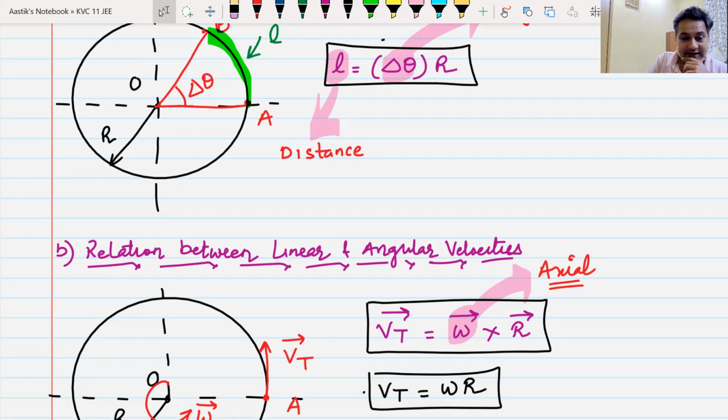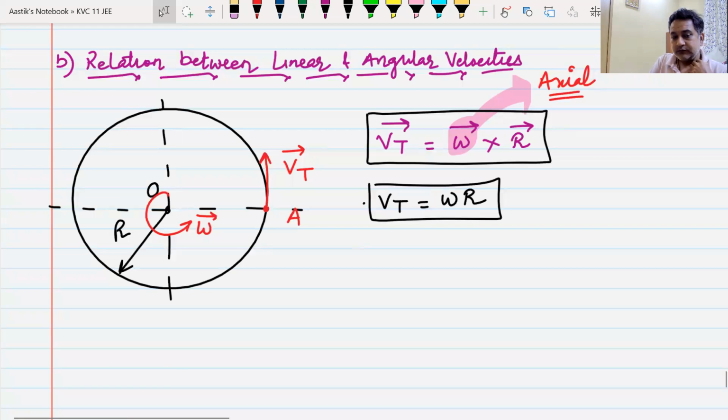Okay. This was the relation between linear and angular velocity.